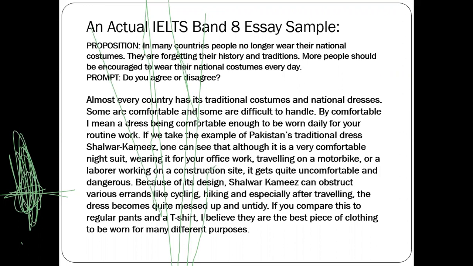If we take the example of Pakistan's traditional dress shalwar kameez, all of that is an adjunct. Where are the two SVOs? Very comfortable night suit? No. That is also an adjunct preceded by the discourse marker, although.